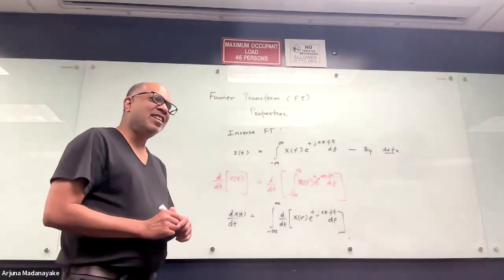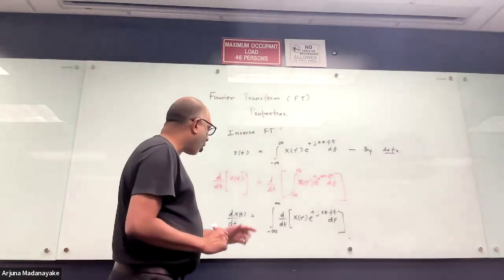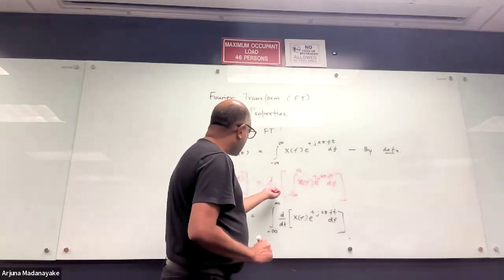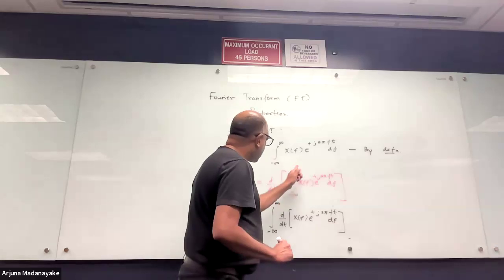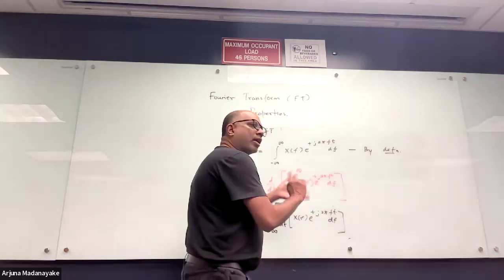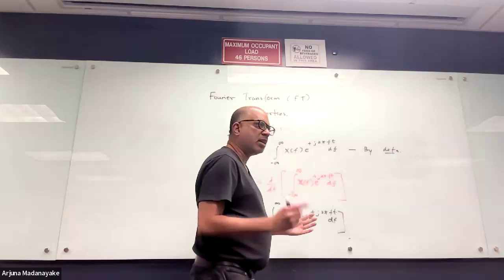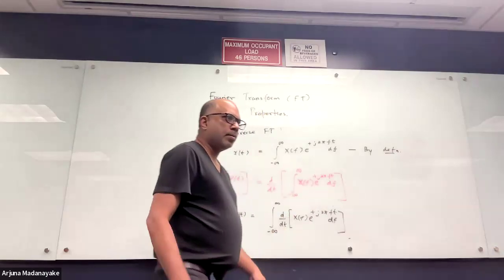Yes, you can do that, because this is a differentiation against time and this is an integral against f. So they are not connected. This doesn't know what happened when the operator came inside. It's insensitive to it.